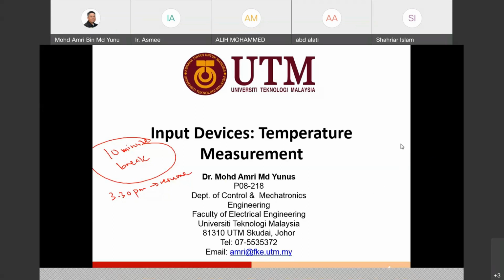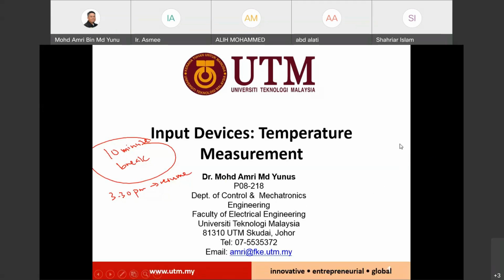Okay, we will continue into the temperature measuring device.